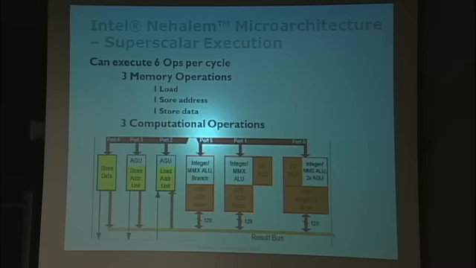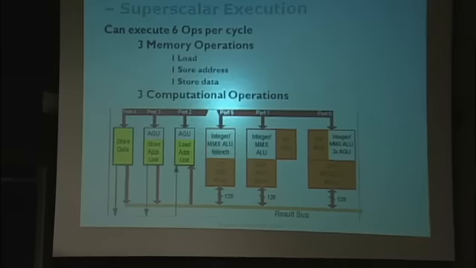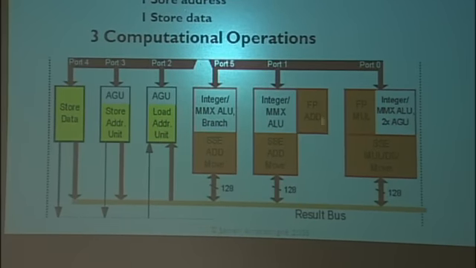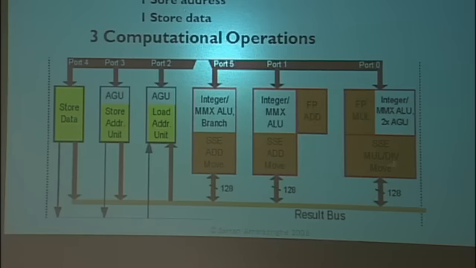There are 3 units in here. In here you can do either integer or SSE, add or move instruction. You can have a floating point add around here. This one also has a bunch of different things you can do.